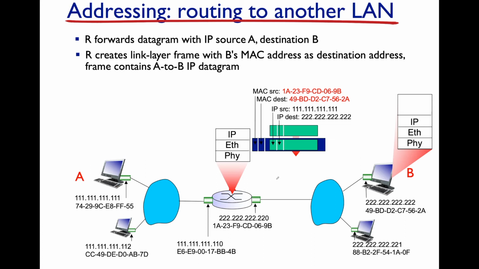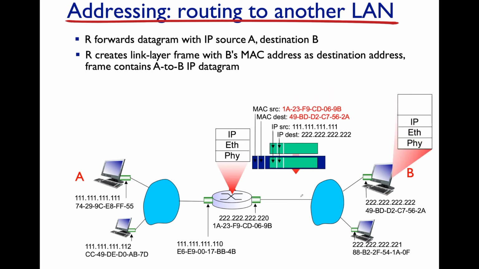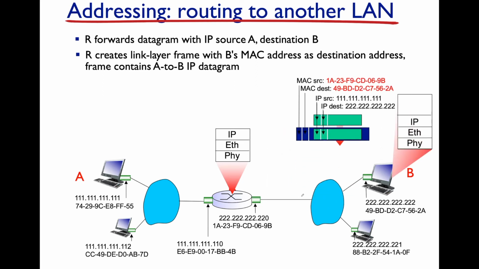And so once it does that, it sends it back down the stack and encapsulates it, and then, of course, for the destination MAC address, it looks that up and inserts the MAC address for host B, so that when it sends it out onto that network on the right, it goes on that shared medium, and then B sees, oh, wait a minute, that destination MAC address is my MAC address. Let me go ahead and pick that up.